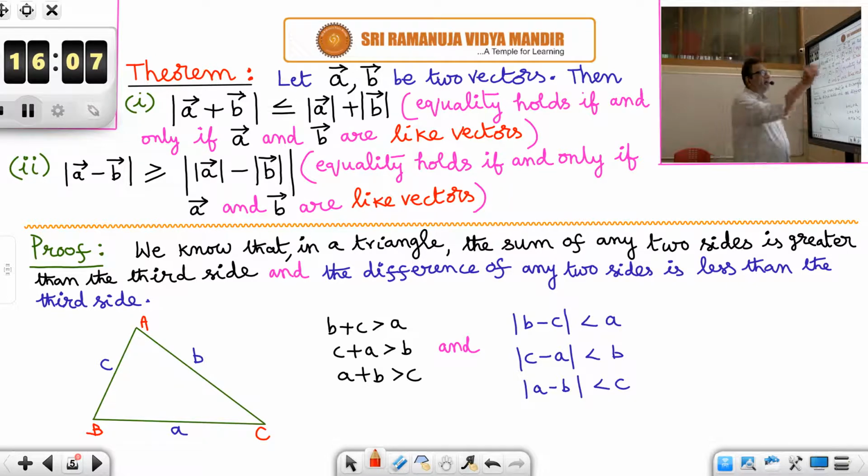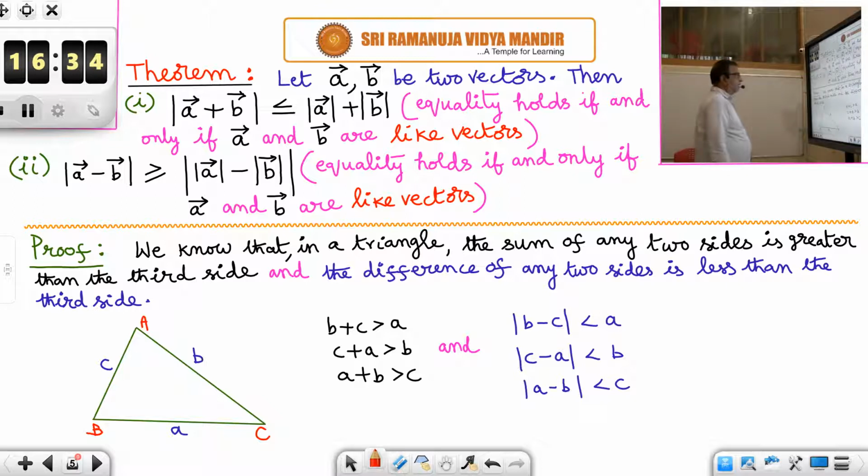In the bracket I have written: equality holds if and only if A bar and B bar are like vectors. That means if A bar and B bar are like vectors, then the equality sign will hold good. Mod of A bar plus B bar will be equal to mod A bar plus mod B bar. Otherwise, if they are not like vectors, it is less than only.